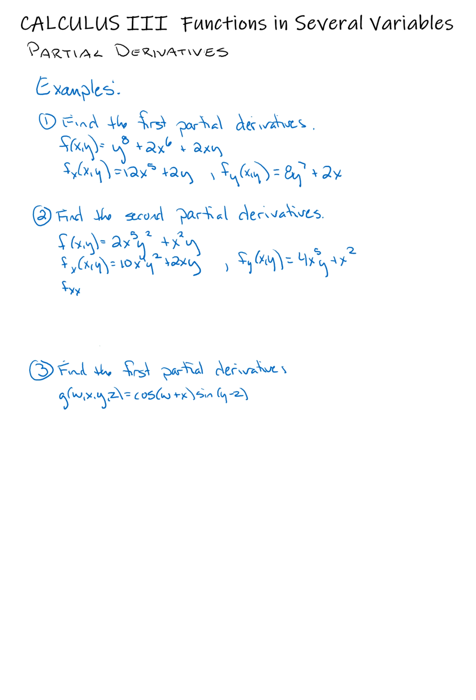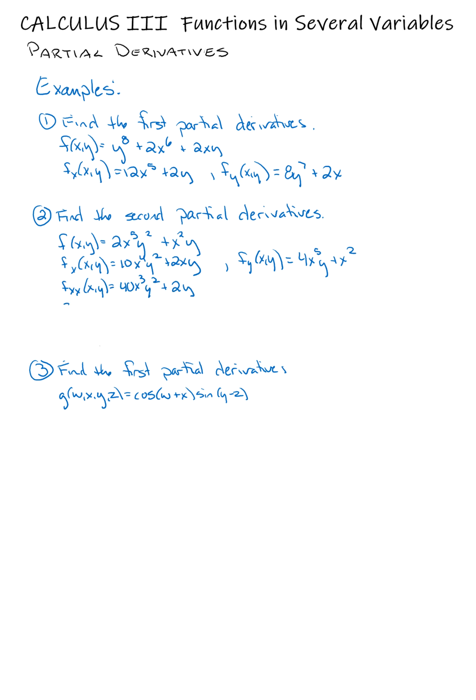Actually, let me go ahead and include the notation properly. With respect to x the second time, that's going to be 40x cubed y squared plus 2y. Again, treating those y's as constants.